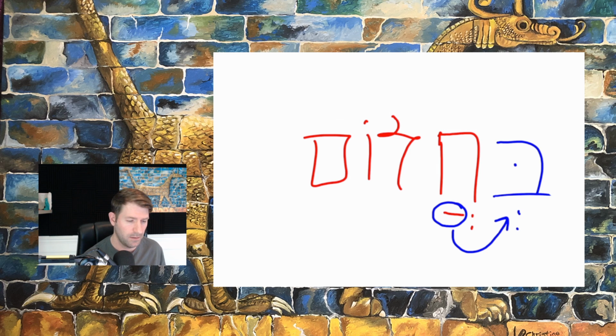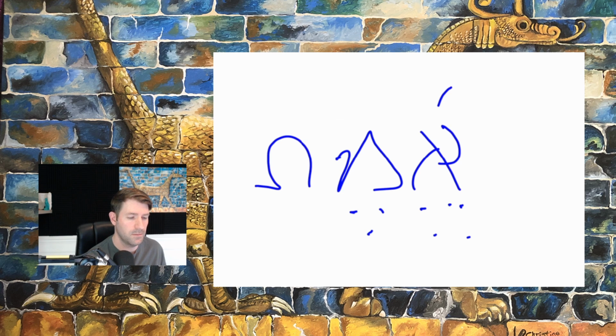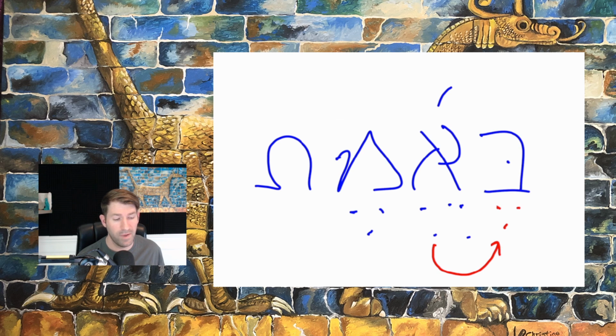It echoes back. So what you end up with is bachalom. And the same thing happens. He uses the example of the word truth, emet. If you wanted to say in truth, instead of getting a simple shva here or a hirik, what you actually get is this vowel echoed back. So be'emet.